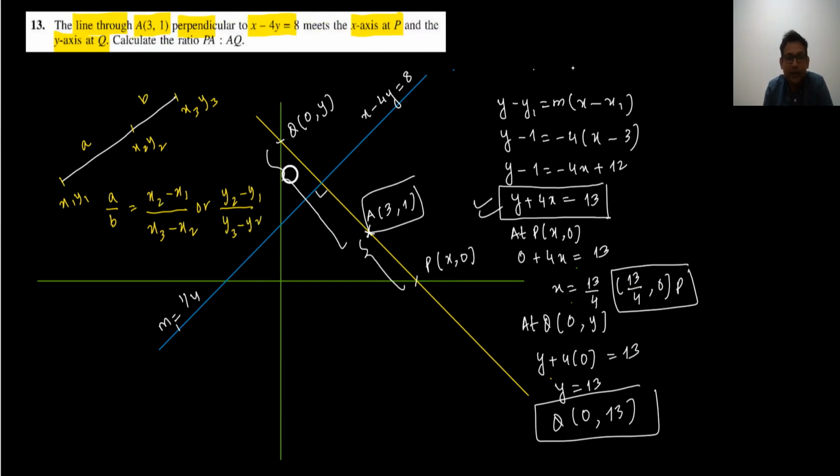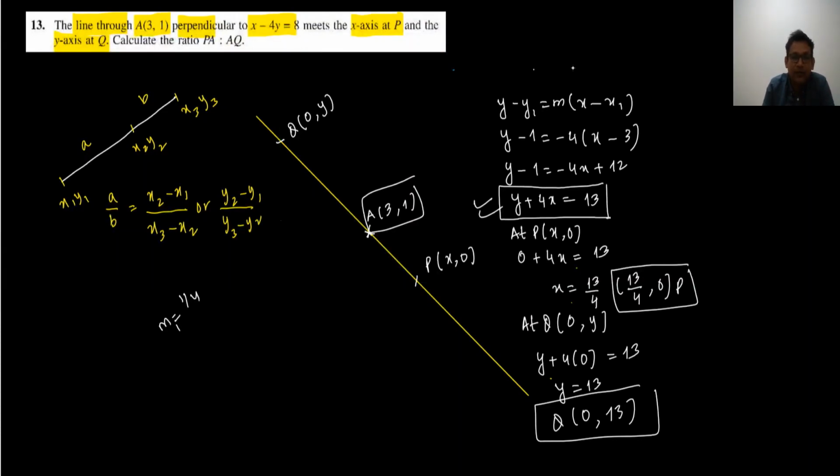So when I apply this here, I want to remove everything because the main target is only this one. The requirement is PA. This is the easiest method. PA is here. We can suppose A, and AQ is here.